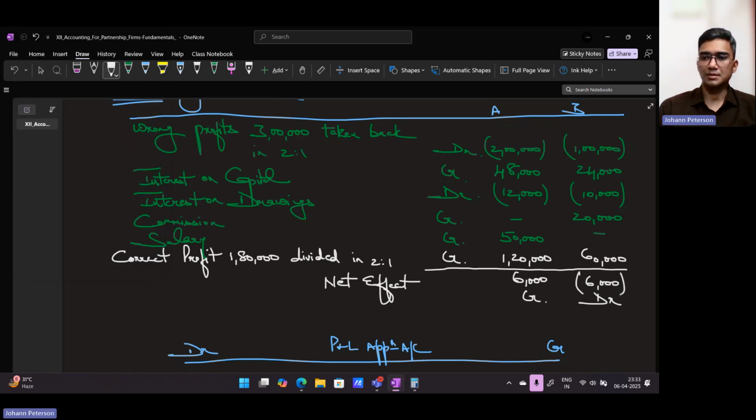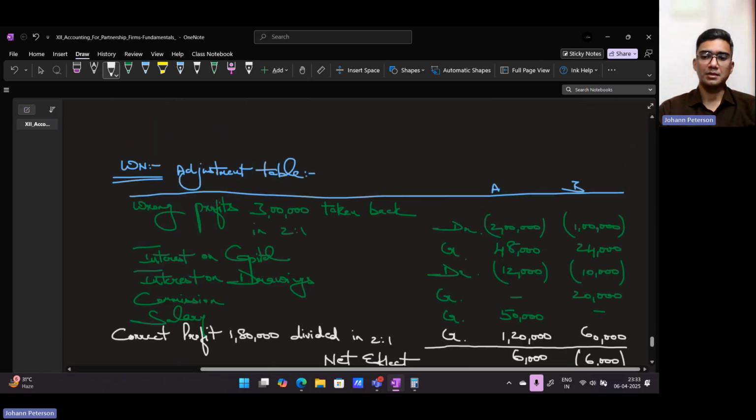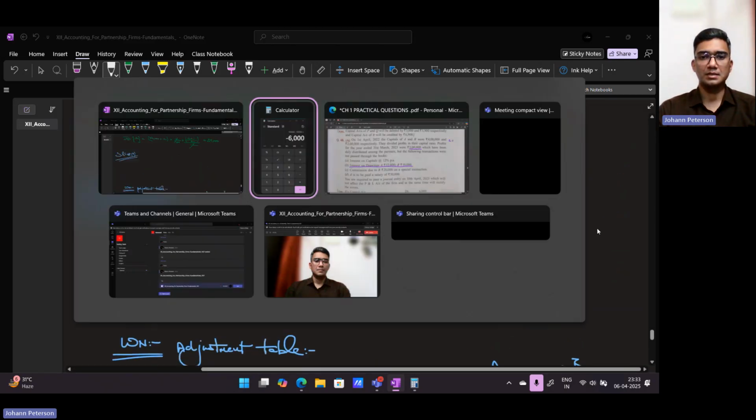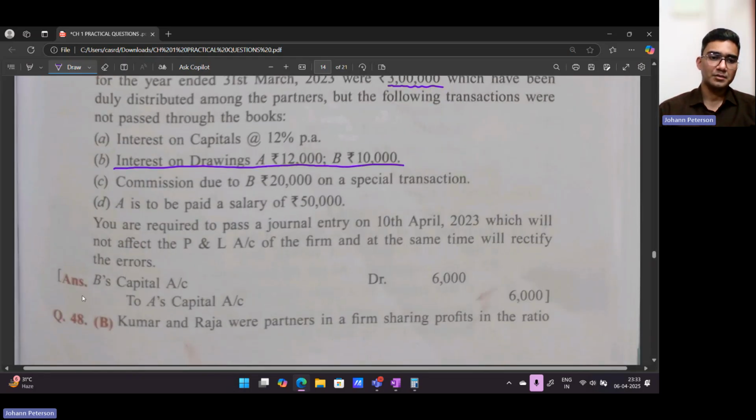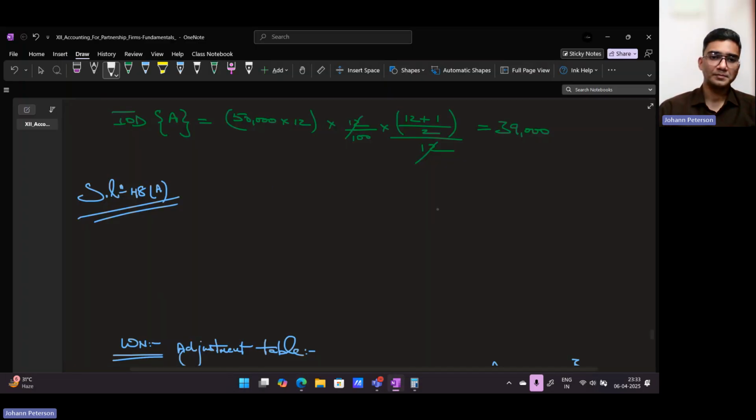That is debit. So my entry becomes B's capital account debit to A's capital account. Amount is 6,000. Let's see. B's capital to A's capital, amount is 6,000.